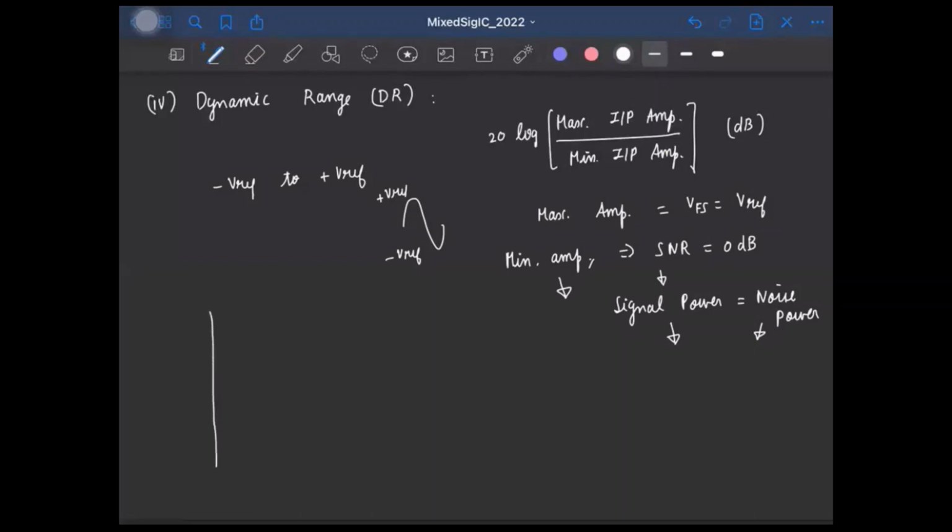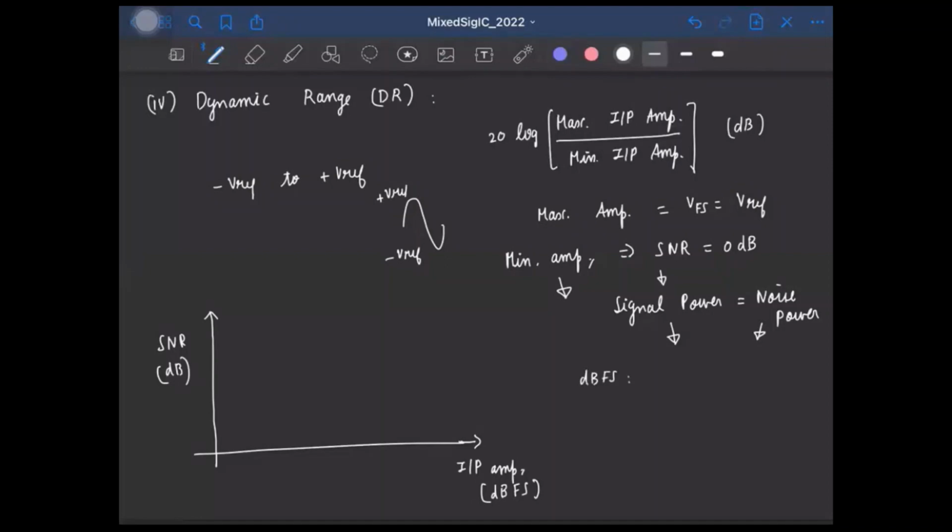Okay, so how this is computed is as follows. So we will plot the signal to noise ratio in dB on the y-axis, and we'll plot this with respect to the input amplitude. Okay, and the input amplitude is plotted in log scale, in something known as dB full scale, that is dBFS.